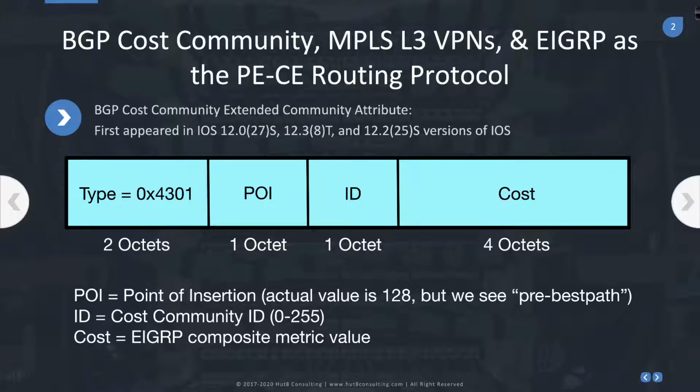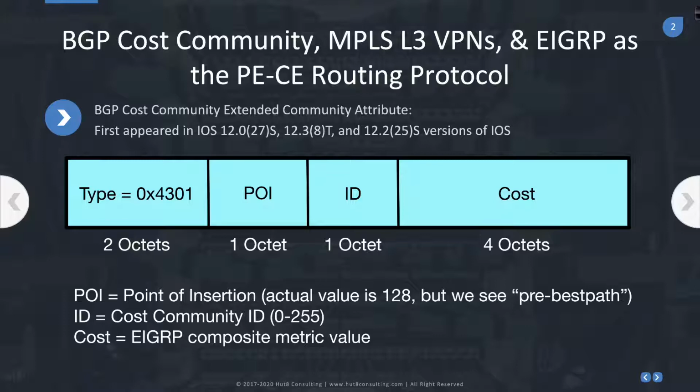This is how BGP in an MPLS Layer 3 VPN scenario makes a best effort to gather up all of the IGP characteristics and bundle them together as BGP extended community attributes in that VPN v4 update that's going to be sent across the service provider cloud.